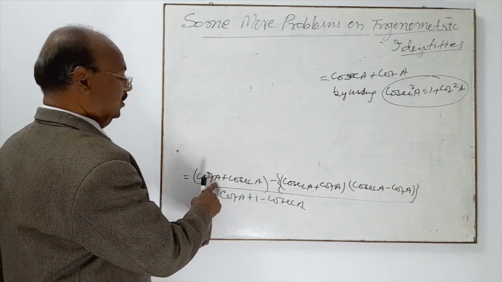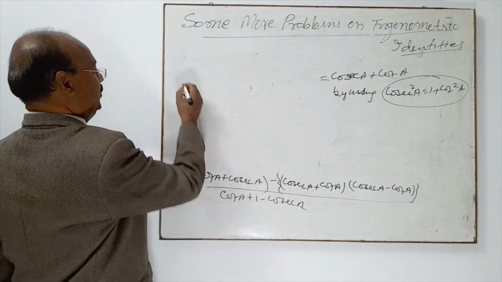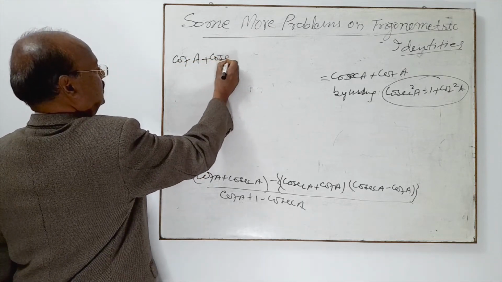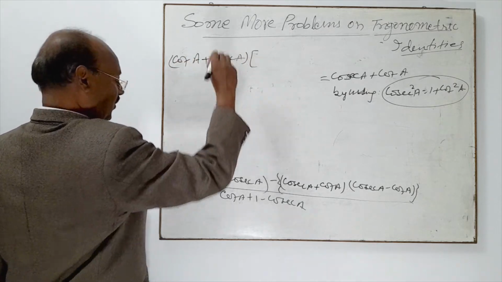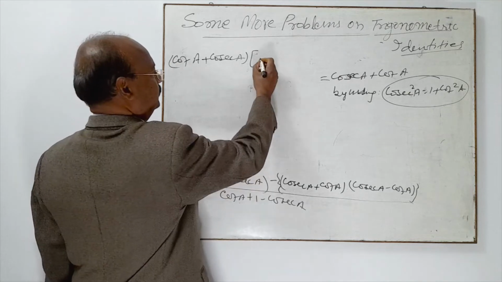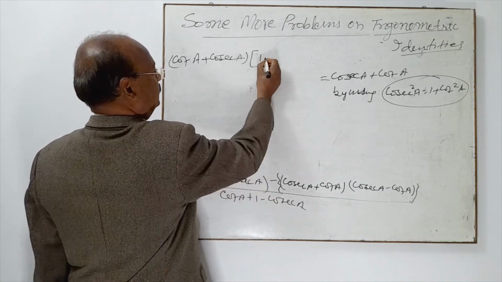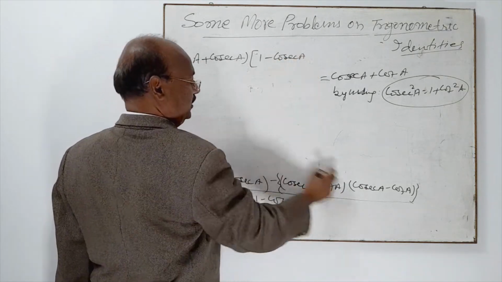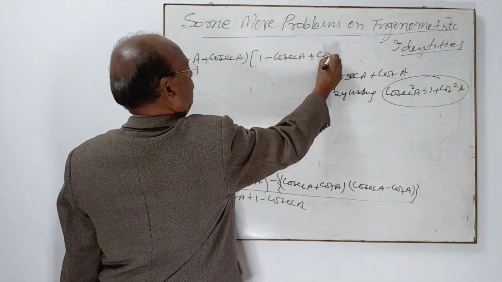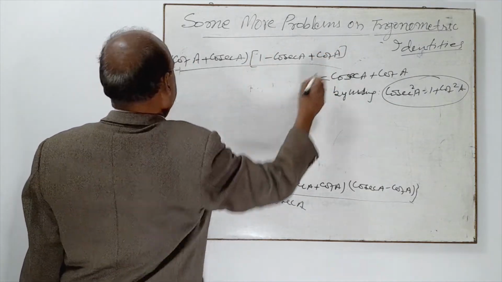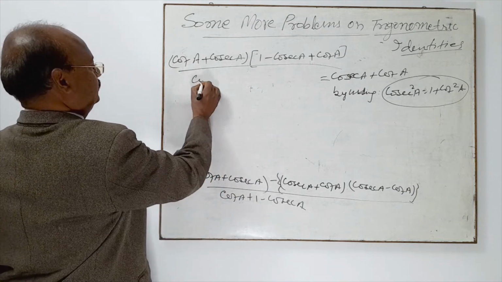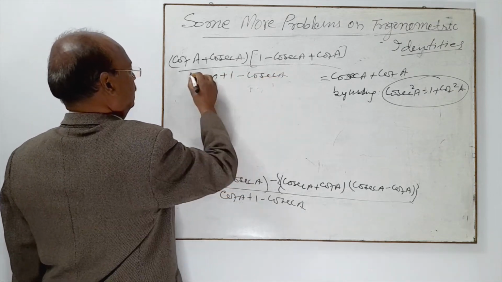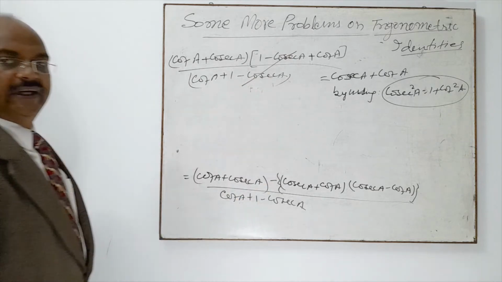So after taking cot A plus cosec A common from these two terms, we are getting here cot A plus cosec A is common, and here we will have to write 1, and this minus sign cosec A, and this minus cot A will become plus cot A, and here denominator is cot A plus 1 minus cosec A. You see, these two factors will be cancelled out.